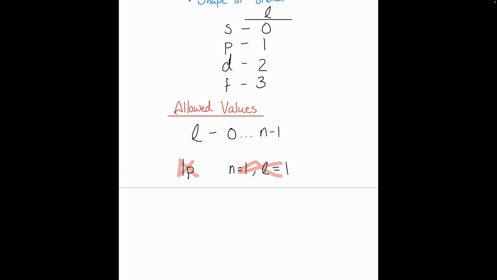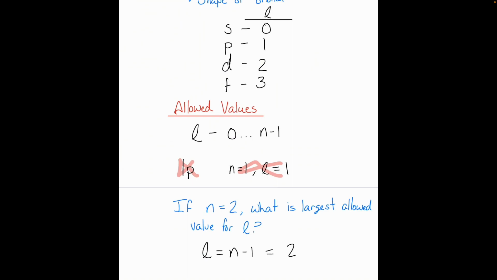So then let's say n is equal to 2. What is the largest allowed value for l? l is allowed to take a maximum value of n minus 1, and if I take 2 minus 1, I get a value of 1.